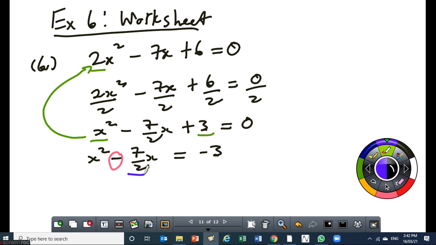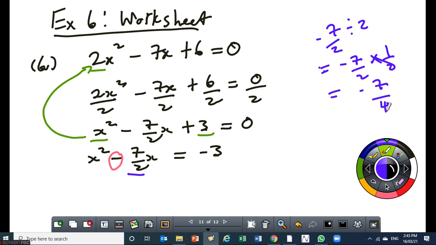Half of minus 7 over 2 is minus 7 over 2 divided by 2, which is equal to minus 7 over 2 times 1 over 2. And that will give you minus 7 over 4.